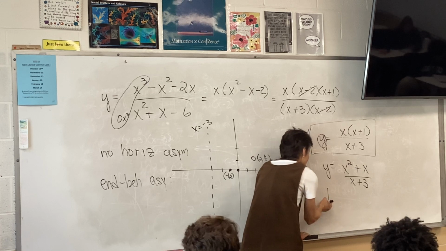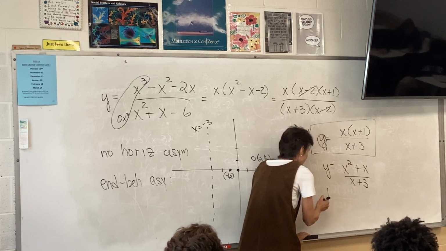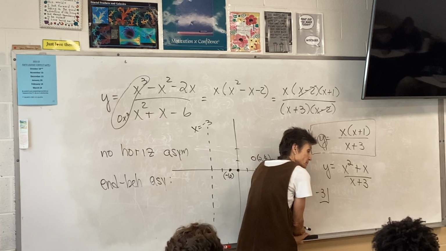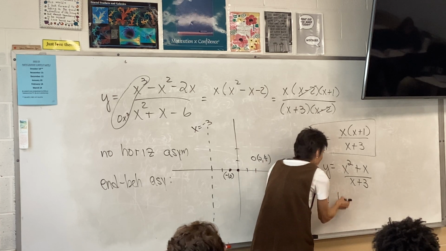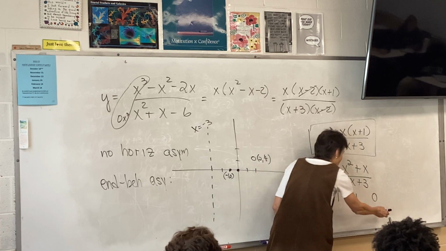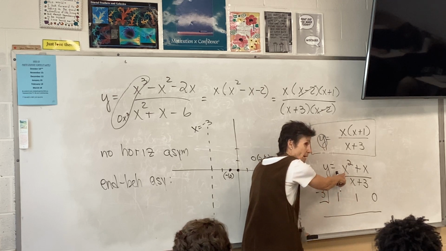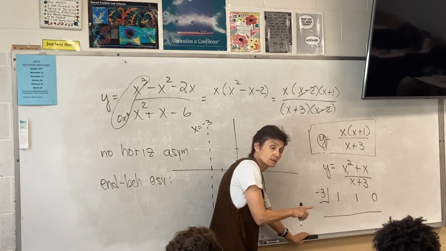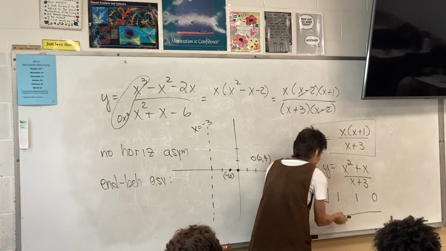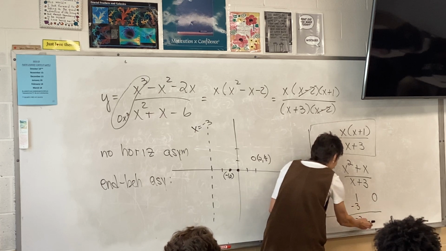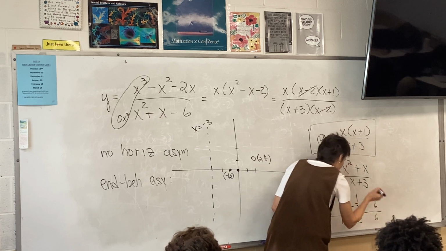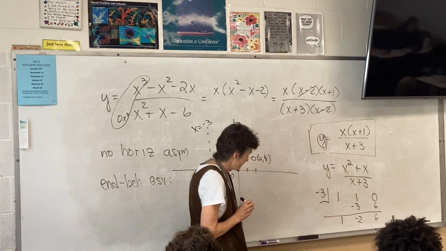So with synthetic division, in the box will go a negative 3. And I'll have 1, 1, 0 for my dividend, right? So I'll bring the 1 down, I'll start doing my division. Did I divide right?